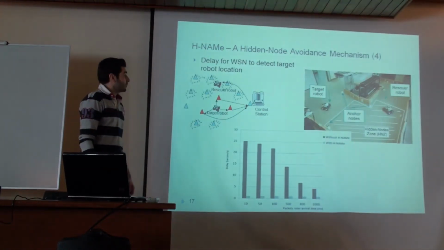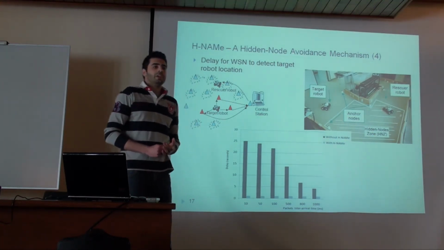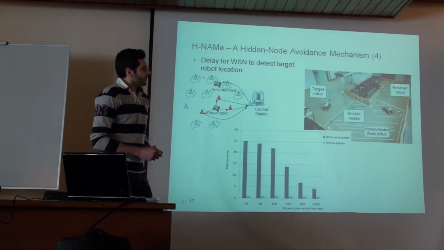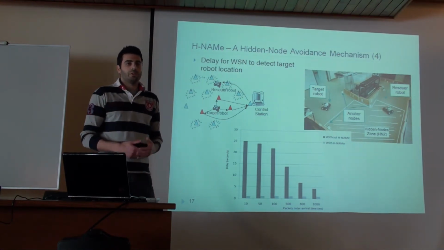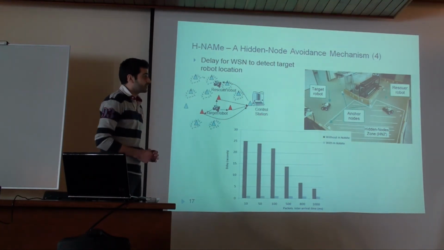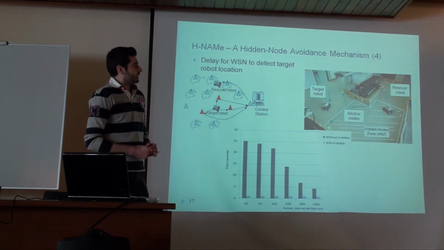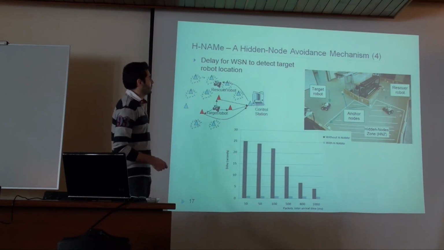Again, we wanted to test this in a real-world scenario, I mean, to actually have a feeling of how much the hidden node problem would affect a real-world application. To do this, we used a testbed that was previously developed. It was a search and rescue testbed.